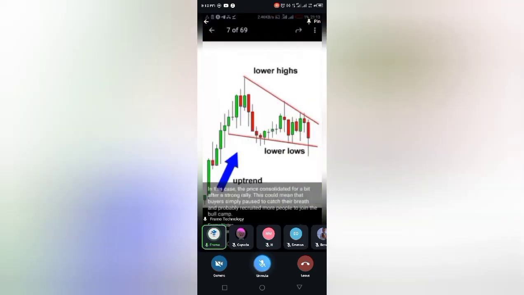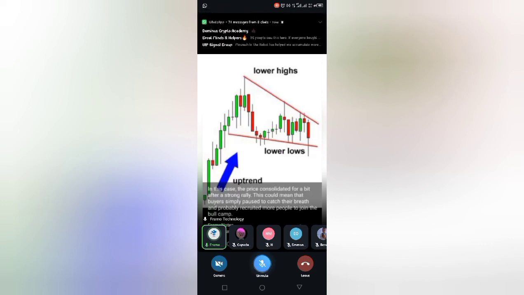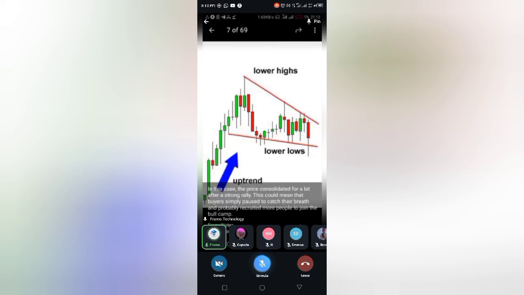And how do we draw them? I have explained. We use the lows and the highs. We use two lines, then we join our lows and highs. So immediately an asset is moving and begins to consolidate at a particular place, that is a support resistance zone. Quickly, you try to draw a line joining the lows and the highs.